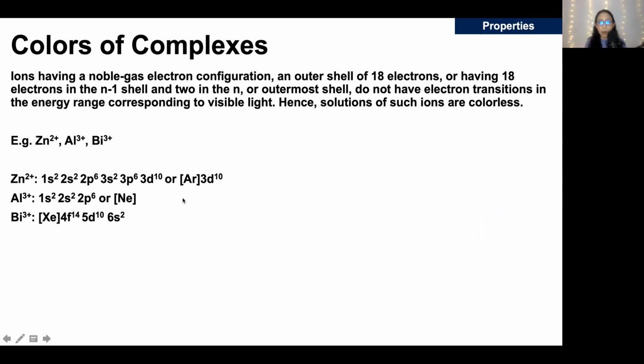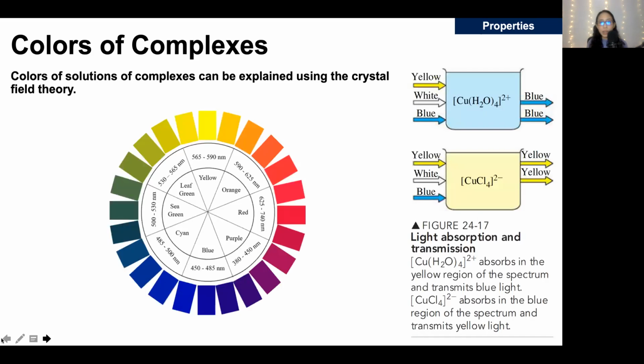So in particular, metal ions having noble gas electron configuration, or an outer shell of 18 electrons, or having 18 electrons in the n-1 shell and 2 electrons in the n or outermost shell, do not have electron transitions in the energy range corresponding to visible light. What does this have to do with electron transitions?